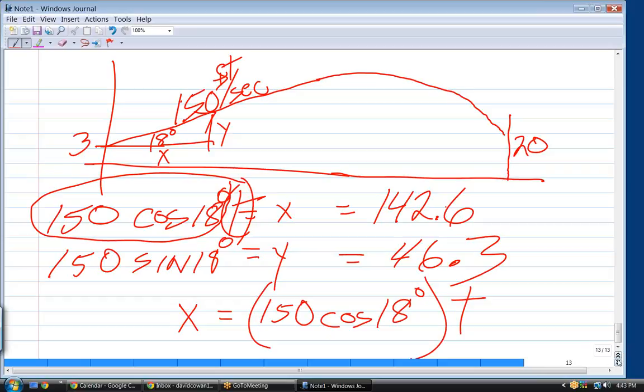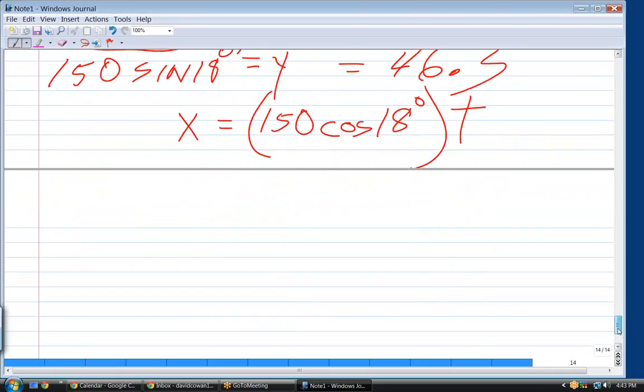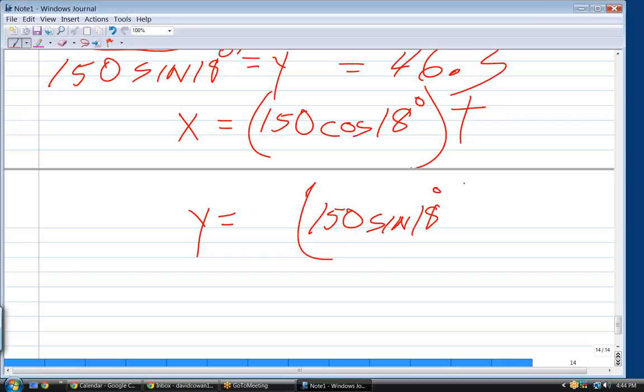Now, vertically it's a little different. Okay? We certainly know the vertical component is 150 sine of 18. And certainly, however long this thing is in the air, I'm going to multiply that by t. But there's an additional factor when I'm talking about its vertical position.